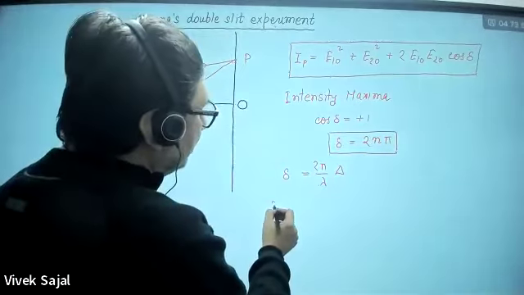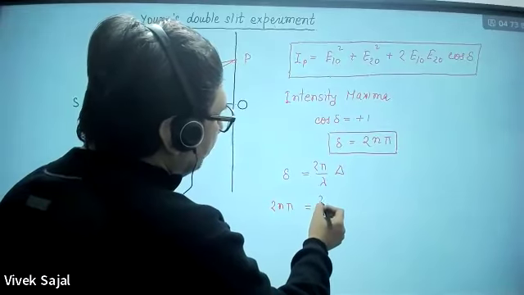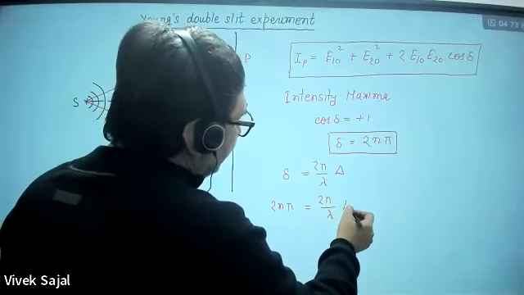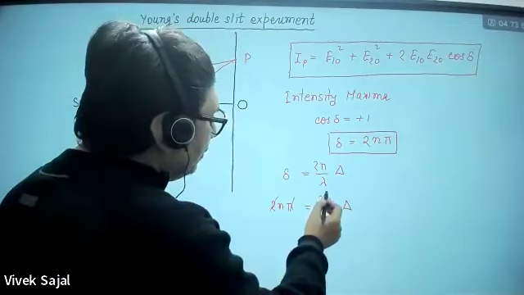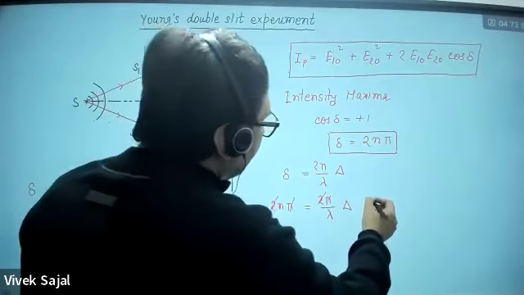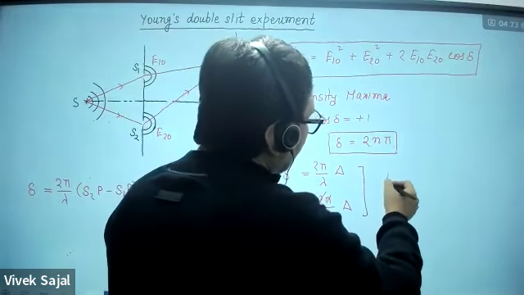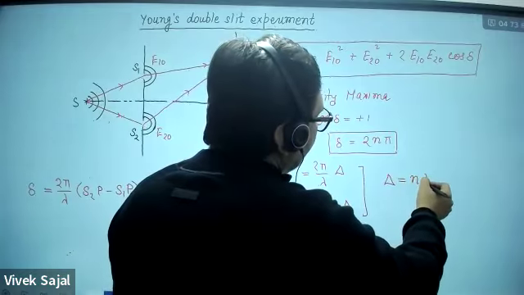Substitute this value here. So this will be 2n pi and this will be 2 pi by lambda into delta. So 2 pi will cancel out, and from here you will find that delta is equal to n lambda.